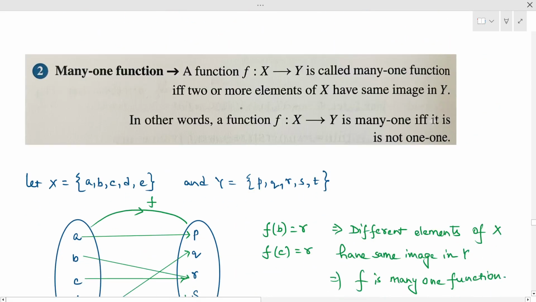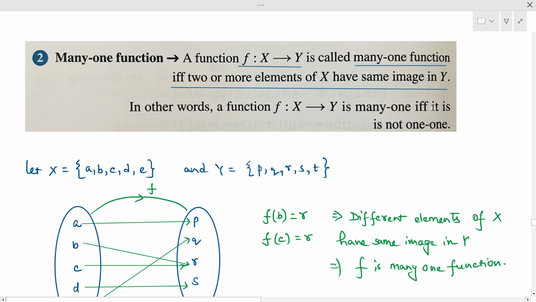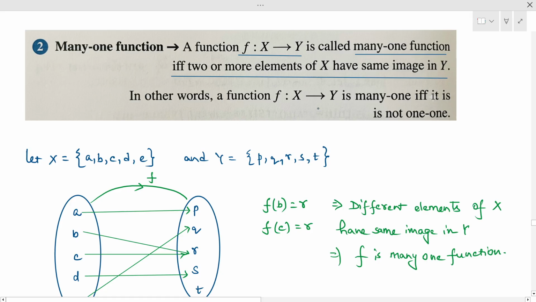Next concept is the many-one function. If we consider a function f from x to y, it is called a many-one function if and only if two or more elements of x have the same image in y. It is the opposite of the 1-1 function. In other words, a function from x to y is many-one if and only if it is not 1-1.